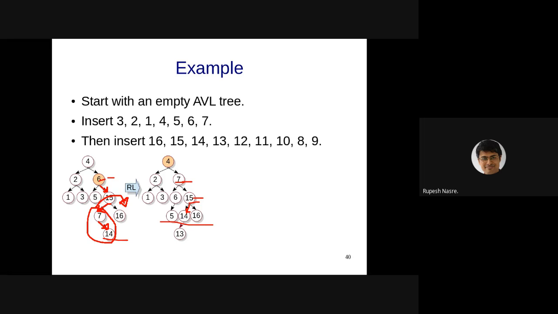Okay, so let's understand what was the situation after only R. Right, so I'm just going to draw this part. This is 6. Then there is 7. And then there is 15 here.